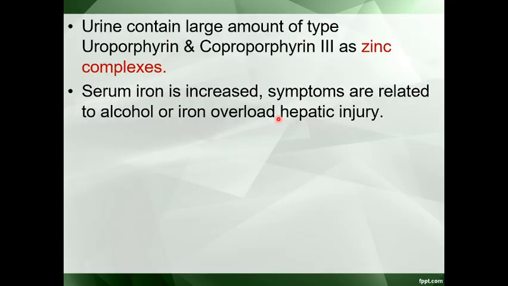Urine contains a large amount of type 3 uroporphyrin and coproporphyrin 3, present as zinc complexes. Serum iron is increased. Symptoms are related to alcohol or iron overload, and with increased serum iron there are chances of hepatic injury.